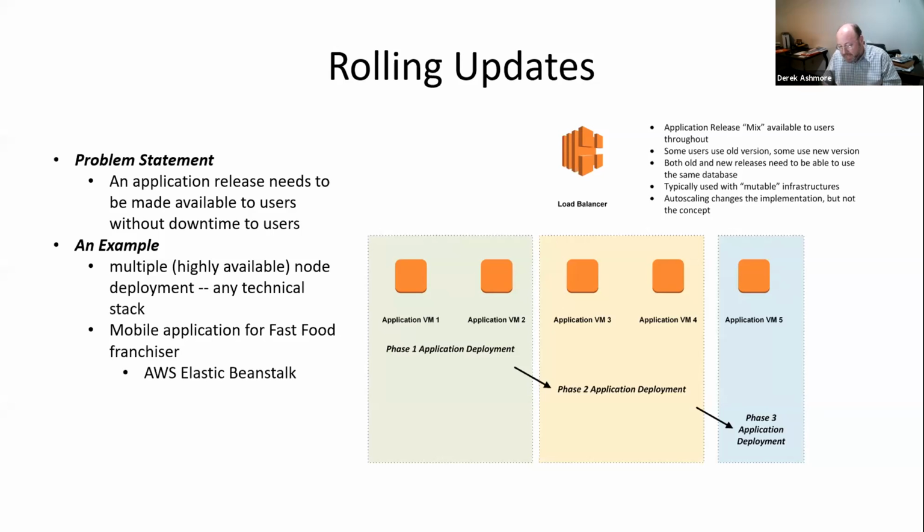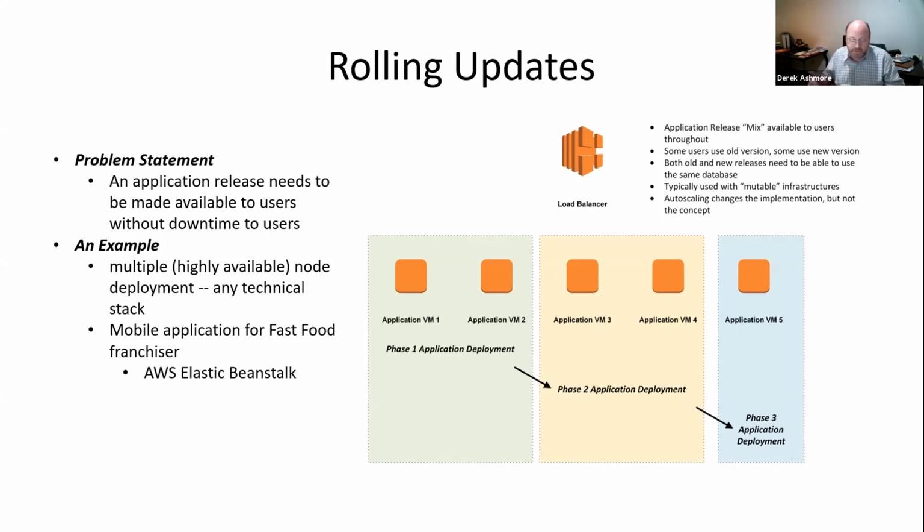How many VMs or how many copies you can replace at once depends basically on what's needed to support your application. So in my particular example, at least 3 copies are always up in any particular rollout.